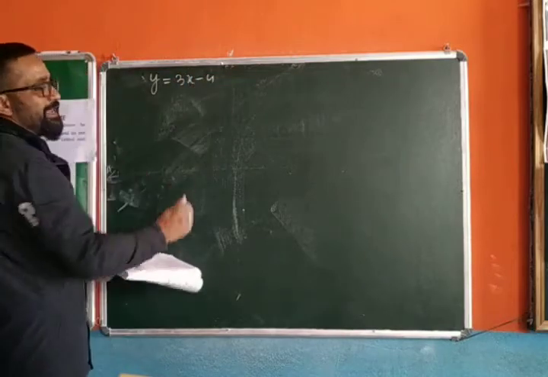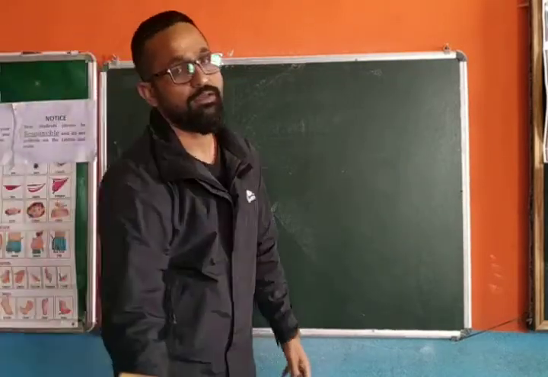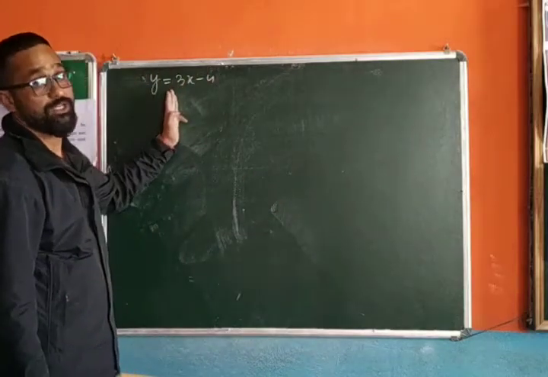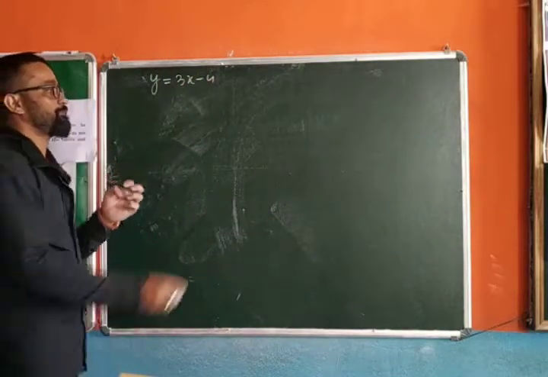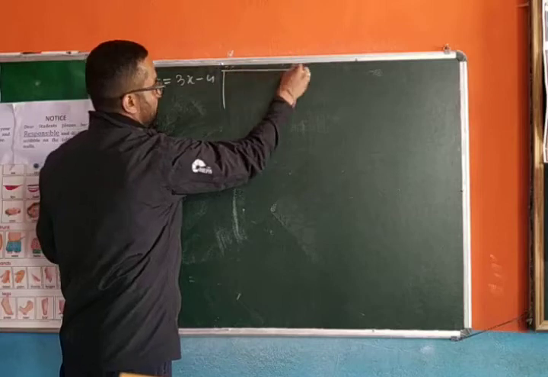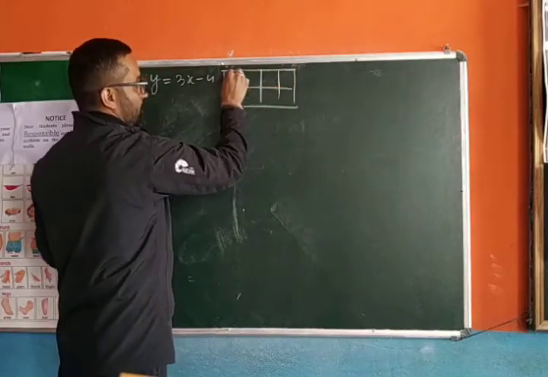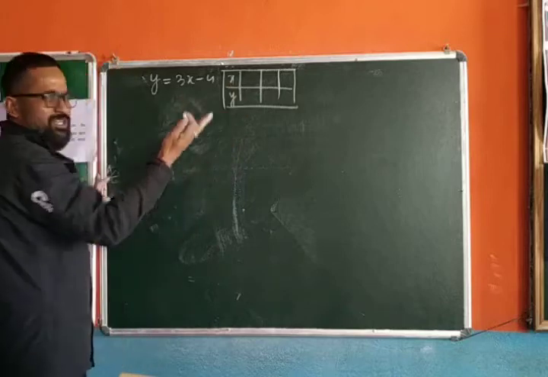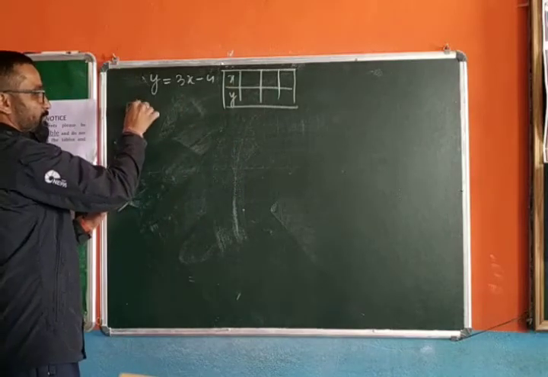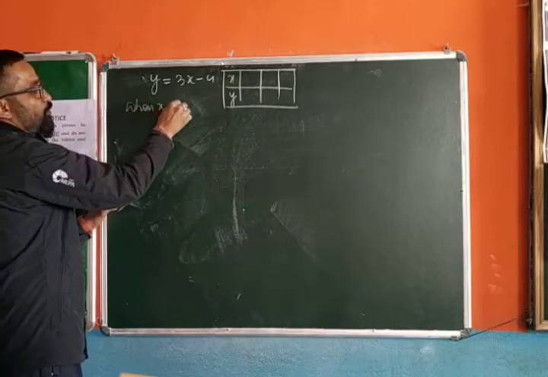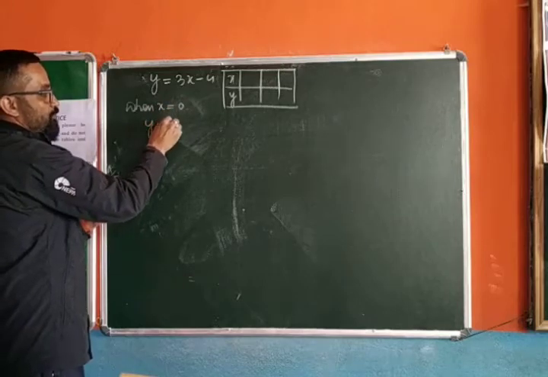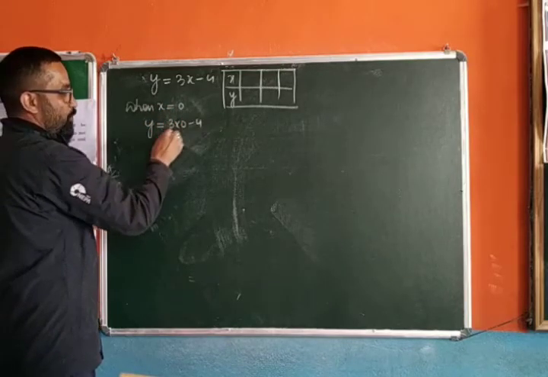You don't have to make y the subject of formula. It's already y the subject of formula given in the question. So we make a table at the side. x, y. Start assuming when x is 0, y equals 3 into 0 minus 4.